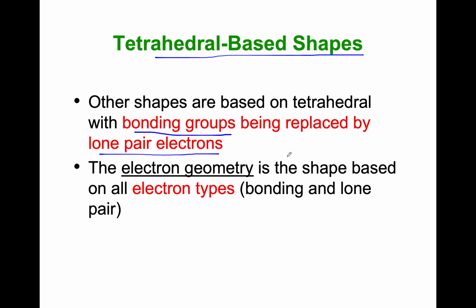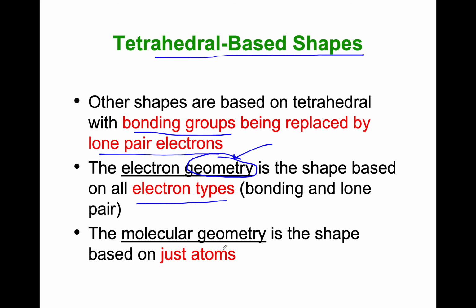So we'll take a look here at how to distinguish that. First, we can talk about the geometry of the electrons. The electron regions, how far away from each other are they? What is the shape? That's the electron geometry. The molecular geometry, however, just wants to talk about the atoms. What are the shapes of the atoms?